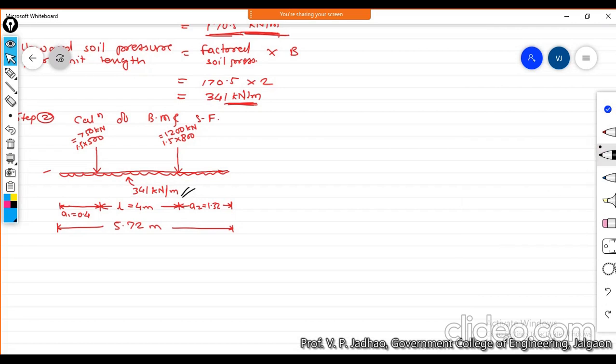Now let us consider step 2, under that A, shear force calculation.